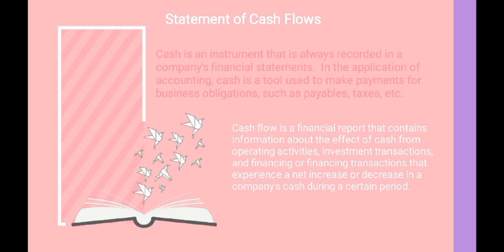And what is cash flow? Cash flow is a financial report that contains information about the effect of cash from operating activities, investment transactions, and financing transactions that experience a net increase or decrease in a company's cash during a certain period. Or we can say the inflows and outflows of cash in the company.